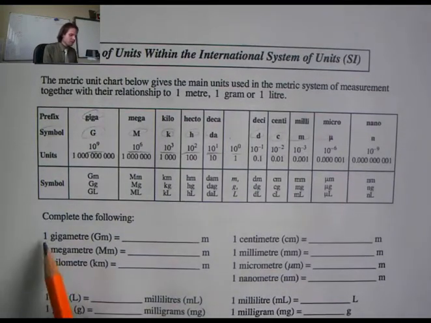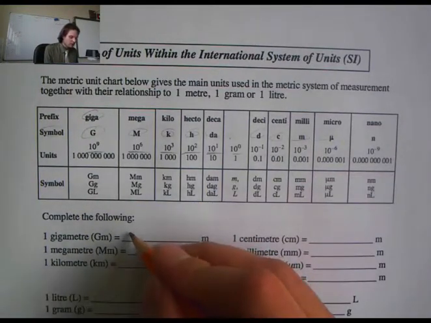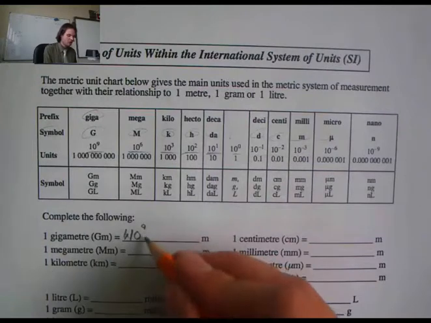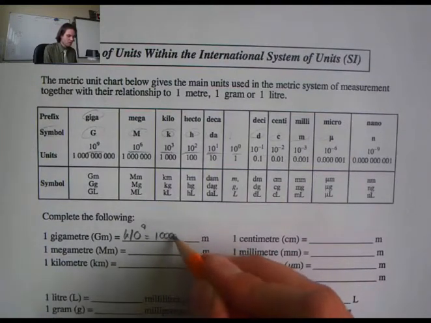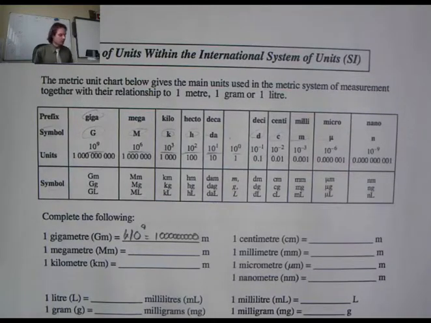Okay? So now it says complete the following. 1 gigameter is equal to how many meters? Well, that is going to be 10 to the power of 9. So 1 multiplied by 10 to the power of 9, which is equal to 1 with 9 zeros. Okay?